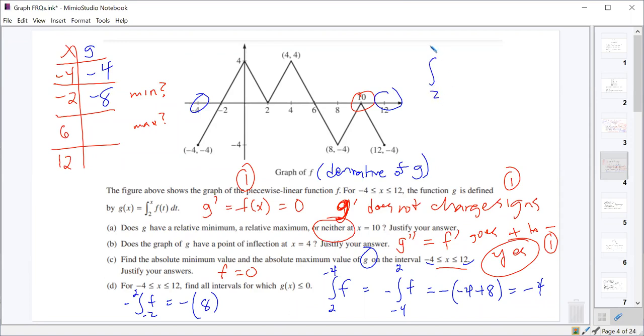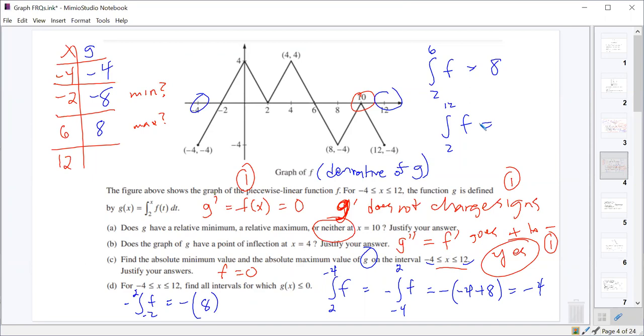So we're going to do an integral from 2 to 6 of f. So 2 to 6, that's all positive, right? So this area should be 1/2 base times height, which is 8. Everybody good there? Hopefully, everyone's good.